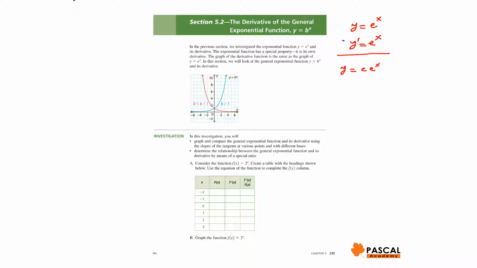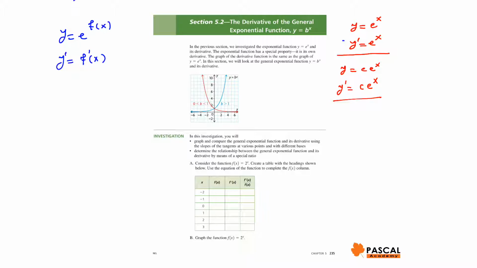Therefore, if we use the constant rule, the derivative of c times e to the power of x, when c is a constant, is c times e to the power of x. We also used the chain rule. We saw the derivative of e to the power of f of x is f prime of x e to the power of f of x.